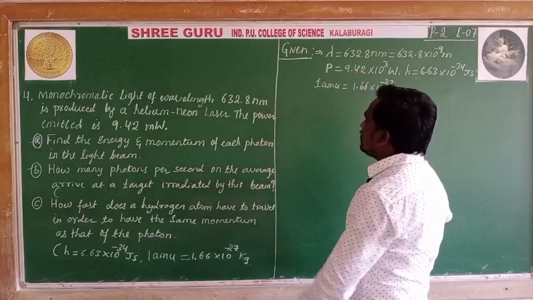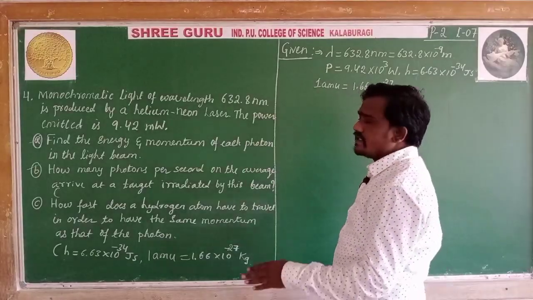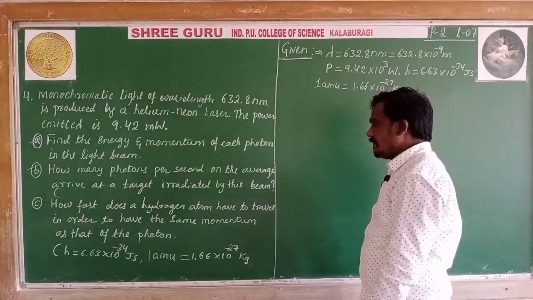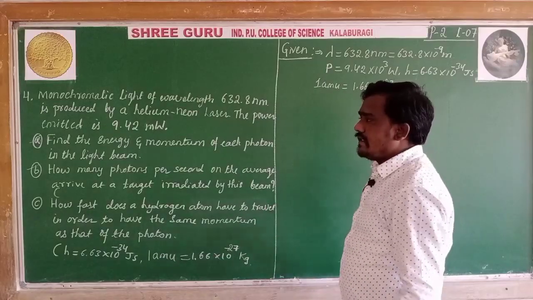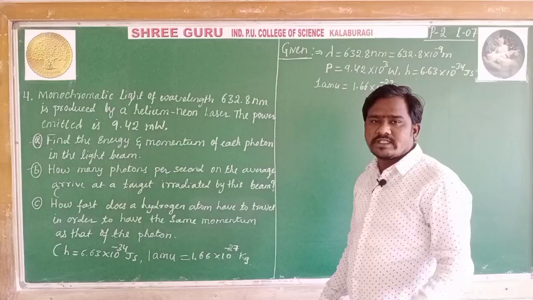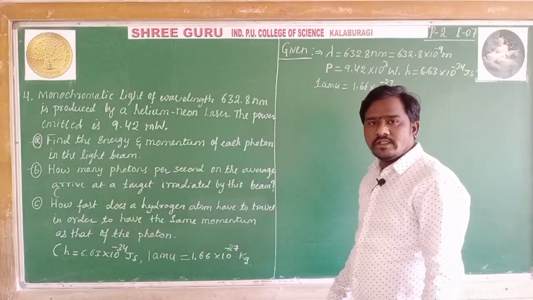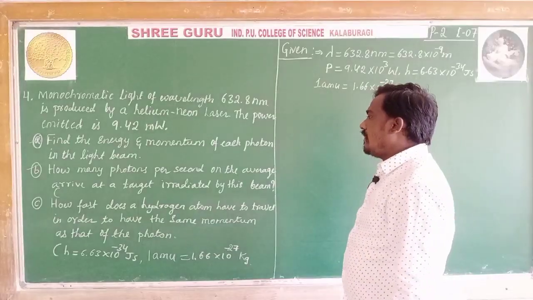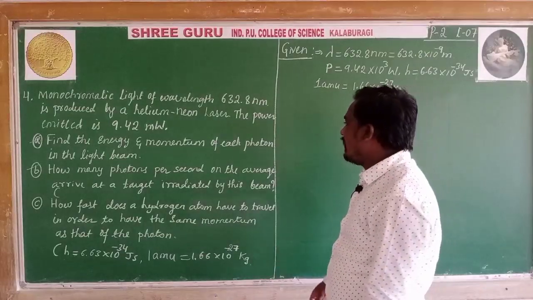Just convert all the given values into SI units, and we require the charge of electron also, that is 1.6 into 10 raised to minus 19 coulomb. Okay, this is about the given values.